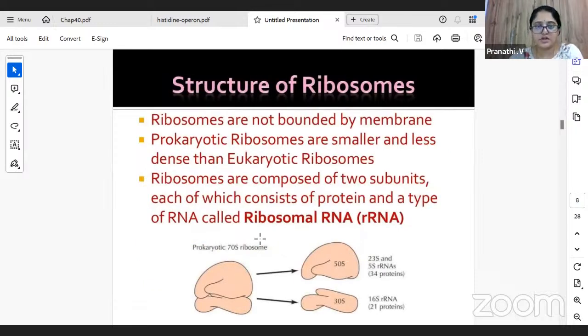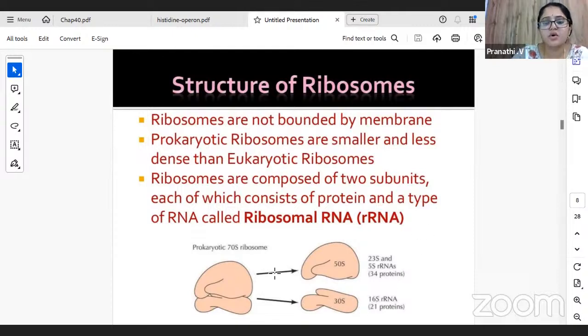So when it comes to the structure, you have a larger subunit, which is 50S, where S is the Svedberg unit, and it has 23S and then 5S, that is the weight basically, rRNAs, ribosomal RNAs.